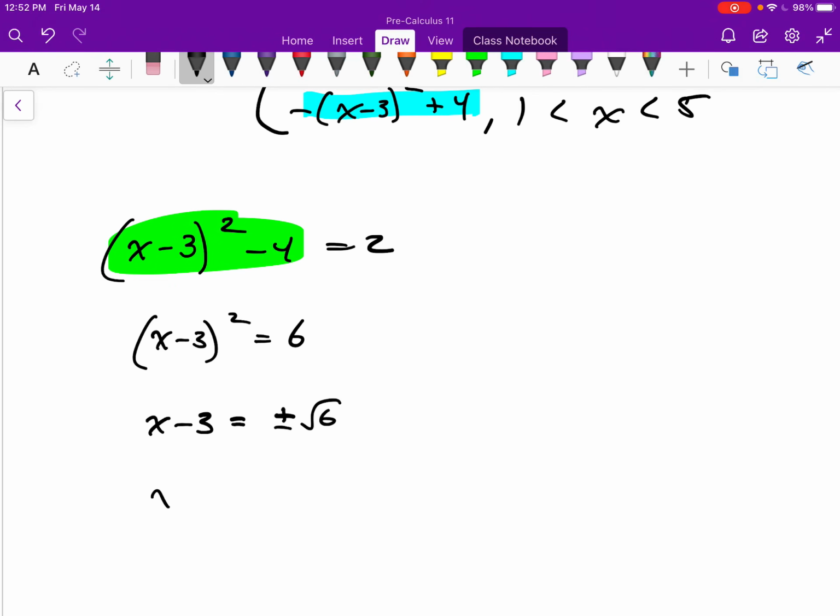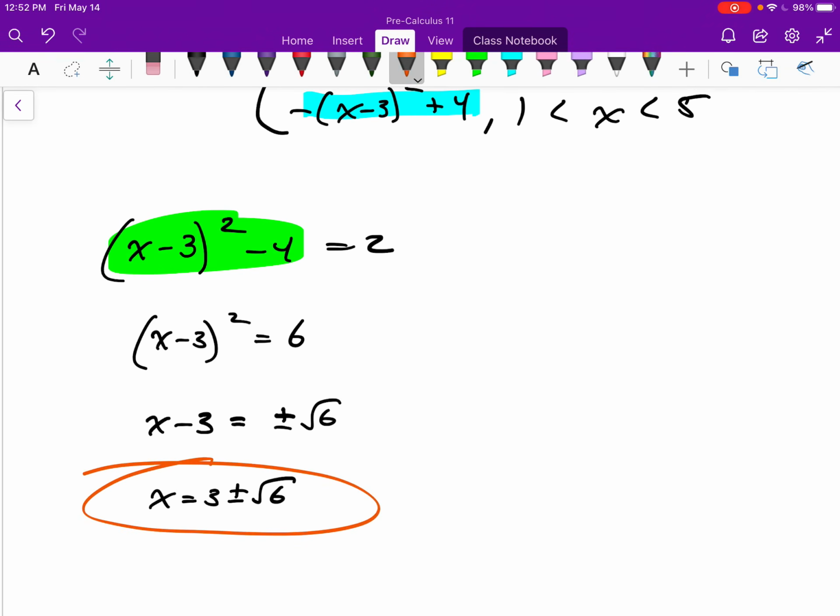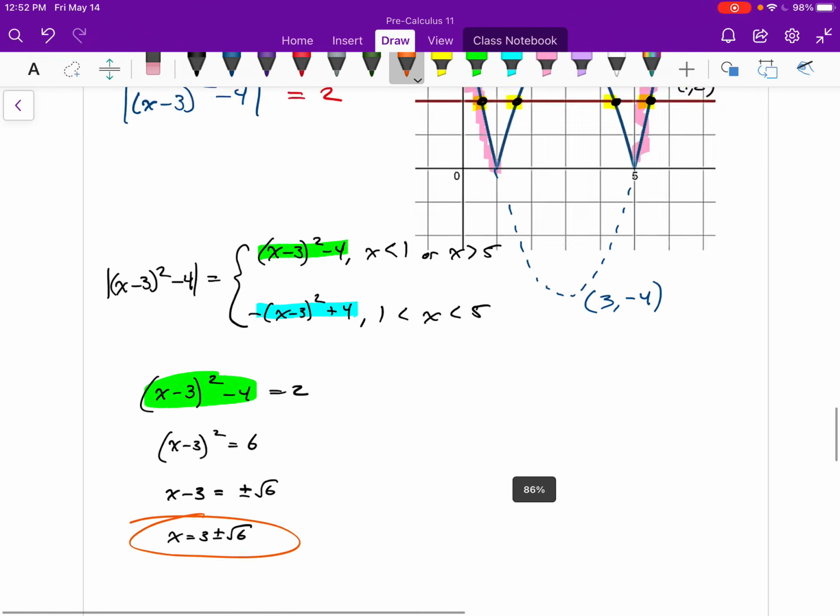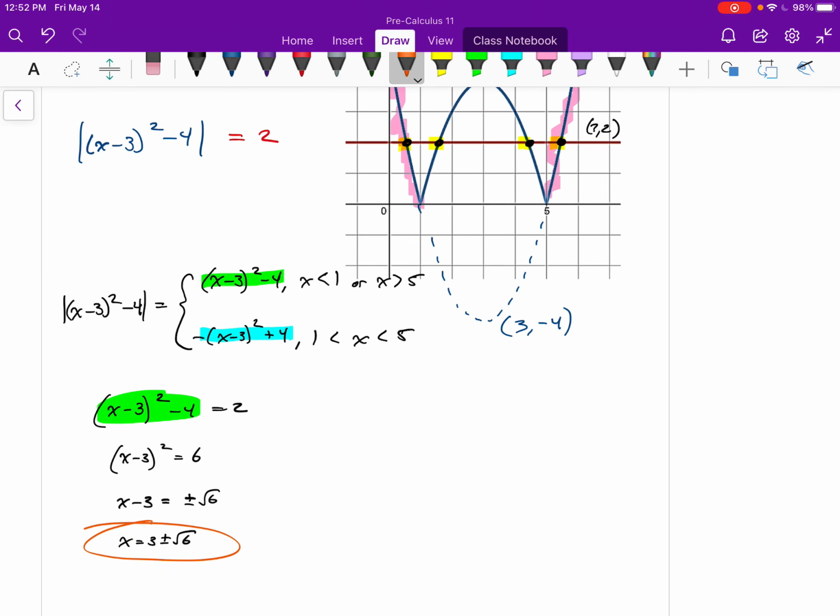And then add 3 to both sides. x equals 3 plus or minus root 6. That said, I don't even have to check my restrictions because I know there's going to be 4 solutions here. I can see on the graph there's 4 intersection points. The 2 I just found are these 2 that I'm circling up here. Those are the exact values: 3 plus root 6 and 3 minus root 6.